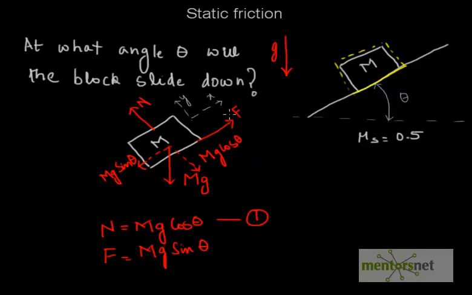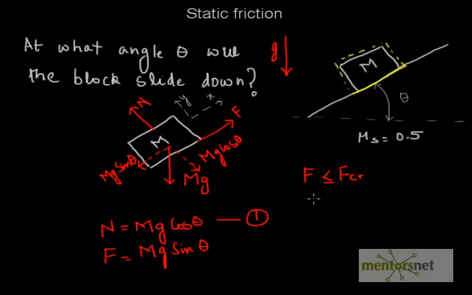Now what we want to know is at what angle theta the block will slide down. In order for the block to be in static equilibrium, F has to be less than or equal to F critical. This is what we had seen in the previous video. As soon as F is equal to F critical, it is in critical equilibrium, that is, just a bit more than that and it will start sliding.